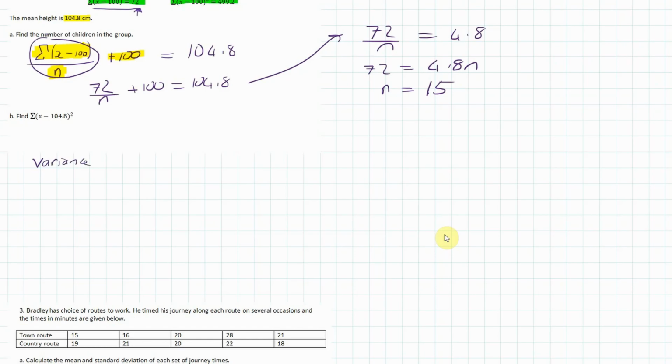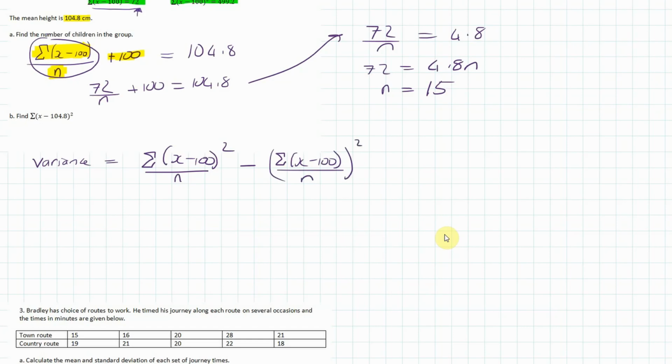We know the variance of the original data is going to be equal to, let's remember our variance formula: the sum of (x minus 100) all squared over n, minus the mean, which is the sum of (x minus 100) over n, squared. That's what we're trying to get.